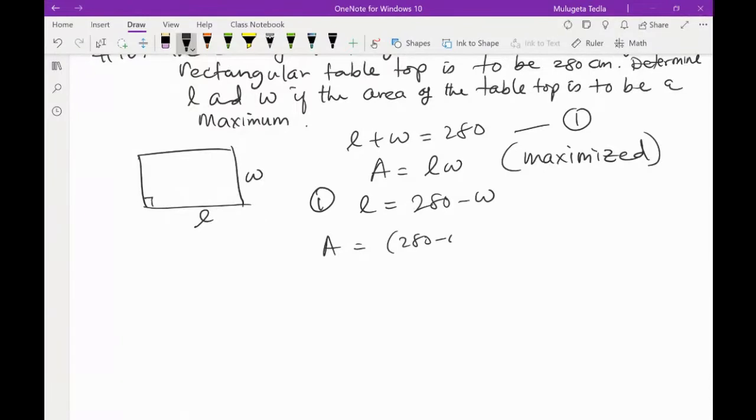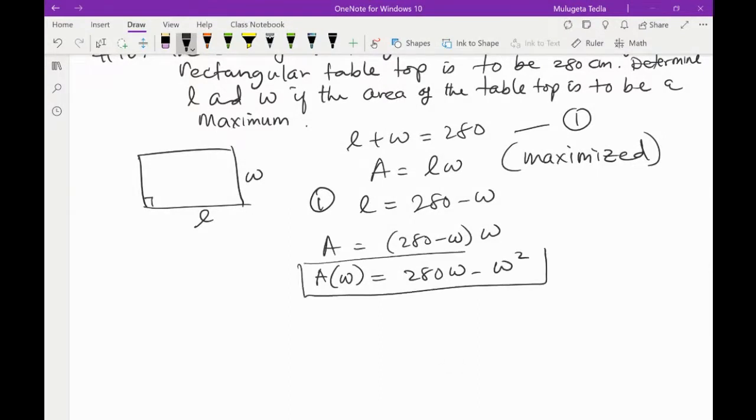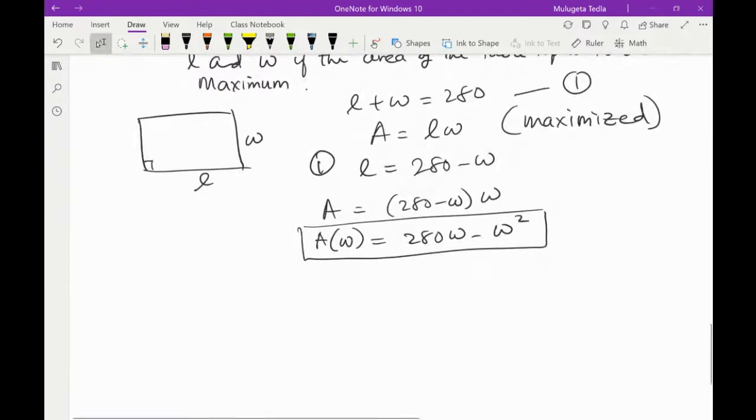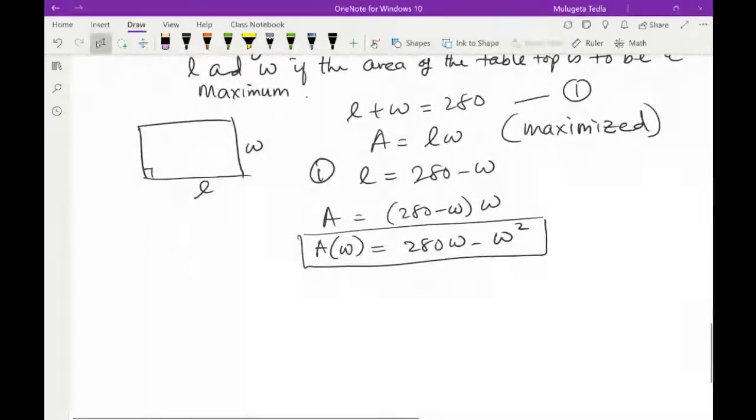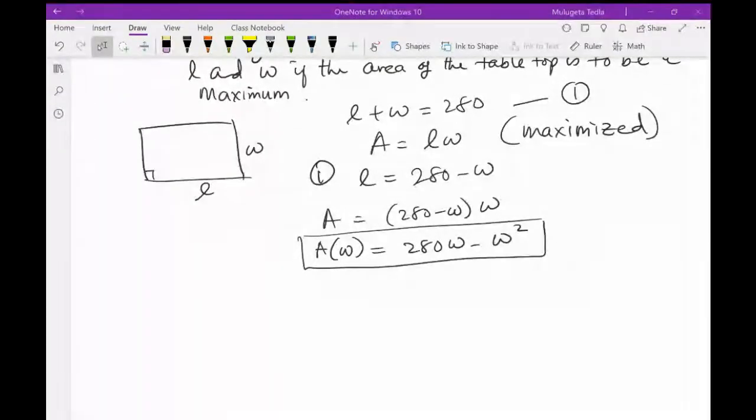So the area would be simply the length, 280 minus width, times width. What does this area depend on? The width. The area is a function of the width, which is 280w minus w squared. You came up with the relationship between the width and the area on your own; this is when it gets difficult. So there are two equations.